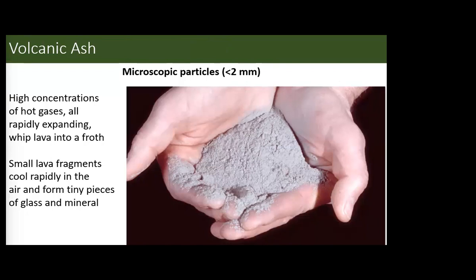This fine grained stuff cools rapidly because as it's being brought up, it's exposed to the air, and since it's cooling rapidly, it hasn't had enough time to form into those lapilli, those pumice and scoria size rocks. So you have these tiny pieces of minerals, and some of these minerals can be quartz. Quartz is essentially glass. So imagine tiny microscopic particles of glass flying through the air. That's what we have when we have ash columns.